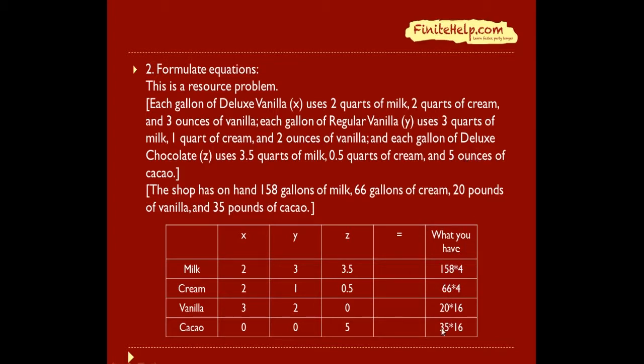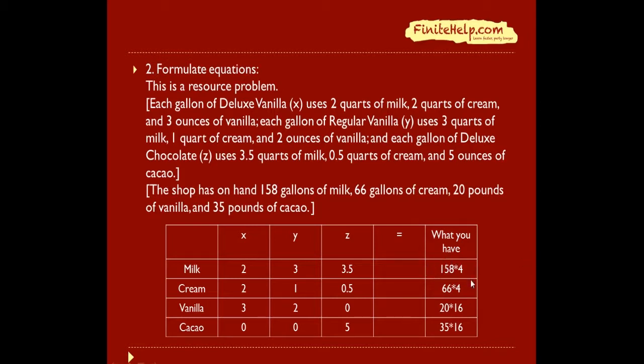Here with what you have on hand, they kind of try to trick you a little bit, and you will definitely see this on web work and probably the test. Here, what we have on hand and what we're using up are in different units. So you must convert the units such that they match. So here with milk, this is given in quarts when you use it up, and what we have on hand is gallons. So we have to multiply how many gallons we have by 4 to know how many quarts we have.